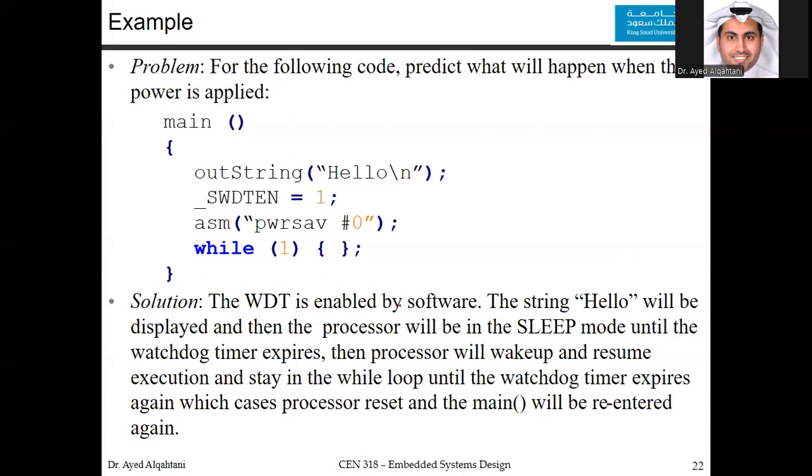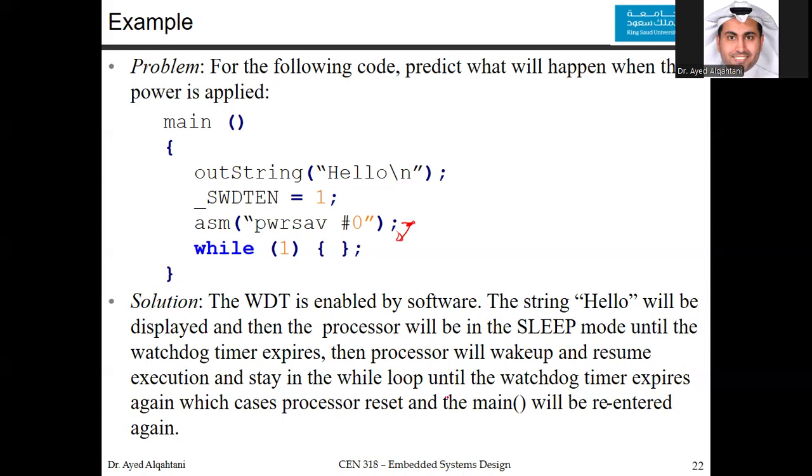The watchdog timer is enabled by software. The string hello will be displayed, and then the processor will be in the sleep mode. And we force it into sleep here until the watchdog timer expires. Then it will wake up, will execute its job. The watchdog timer will wake up the processor, and it will resume execution normally. It will resume right after this instruction, which will be stuck in the while loop.